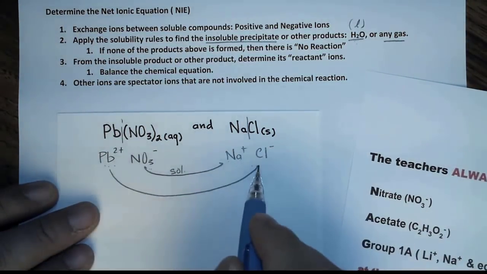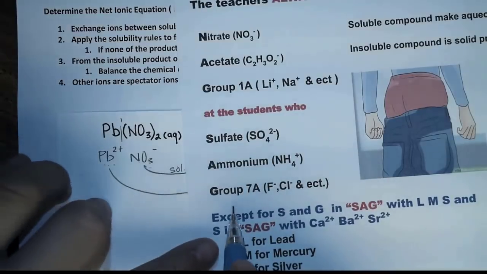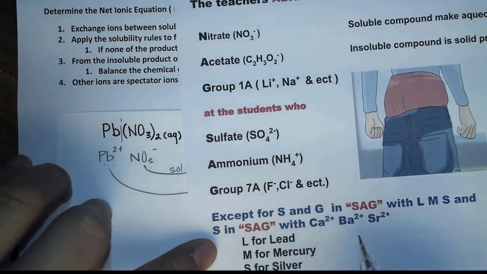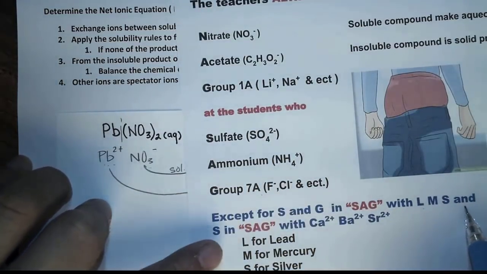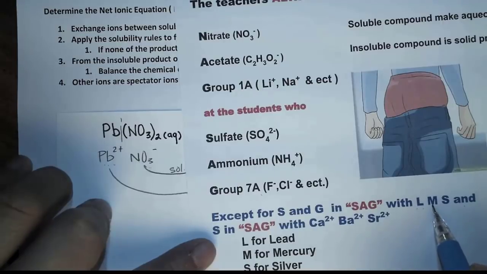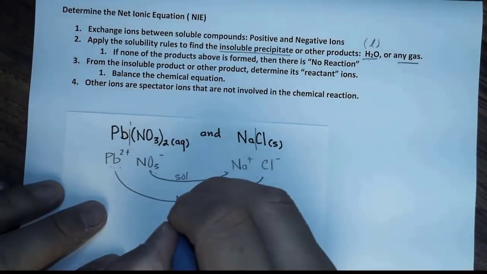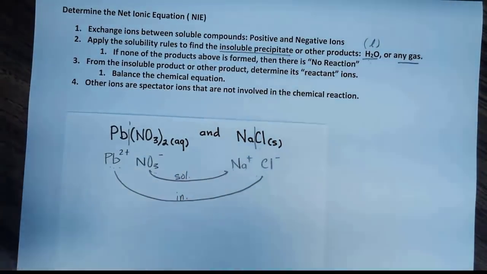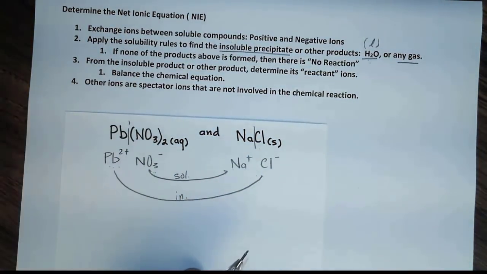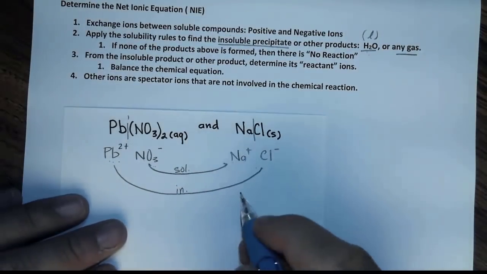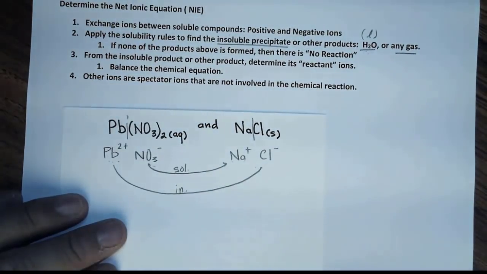And then the lead chloride. Chloride is coming from group 7 with the exception of LMS. L is for lead, M is for mercury, S is for silver. So in this case, what we have here is an insoluble product. So this is the product that we're going to make, so we have a chemical reaction. That is step number 2.